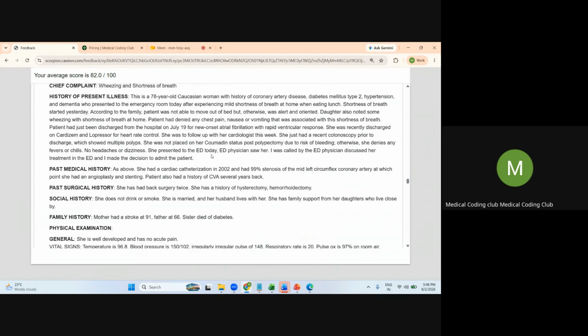Whenever there are two physicians involved, for example here the ED physician also evaluated the patient, so he also needs to bill, and the hospitalist, the other doctor, is also going to evaluate the same patient, so he also needs to bill the evaluation and management code. So in this case the AI modifier will come.